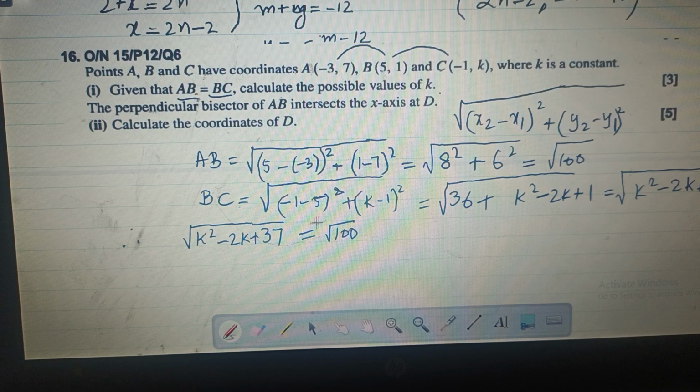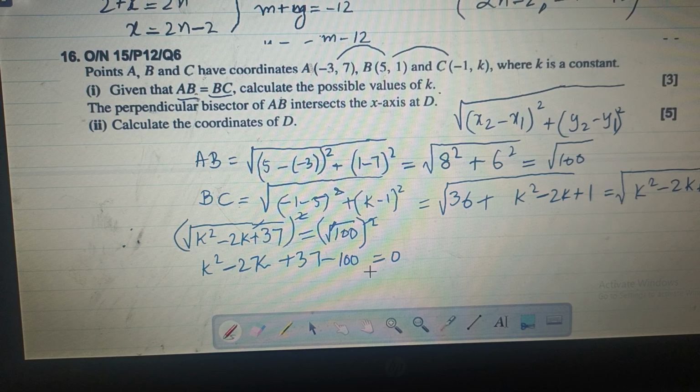Taking the square on both sides, since the square root is on both sides of the equation, I can do the same thing. So k square minus 2k plus 37 minus 100 equals 0.